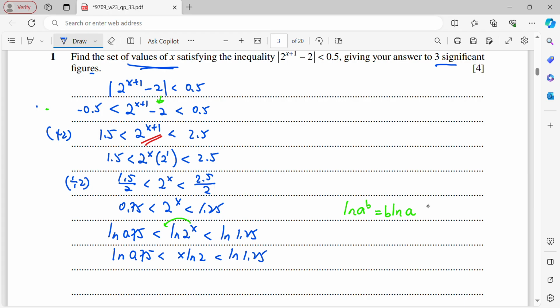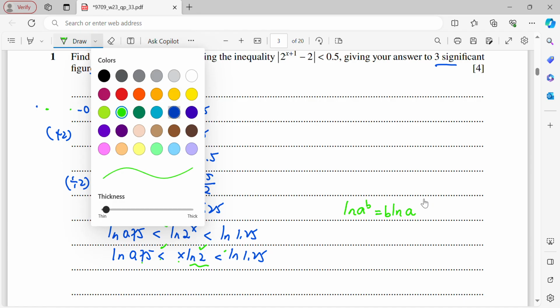Now ln 2 is positive. To get the x, I have to divide the whole inequality by ln 2. As long as it is divided by a positive number, you do not need to change the inequality sign, so you just remain these two signs.